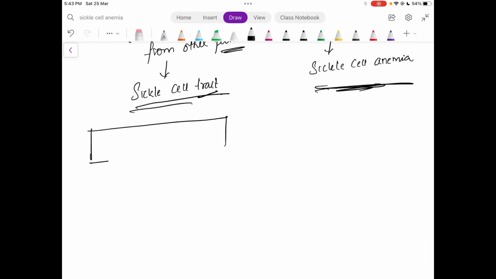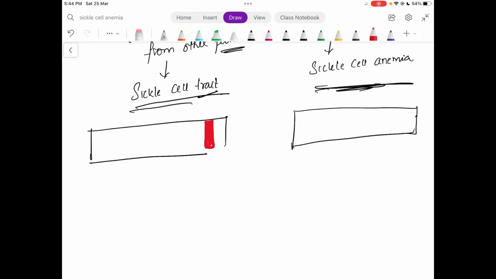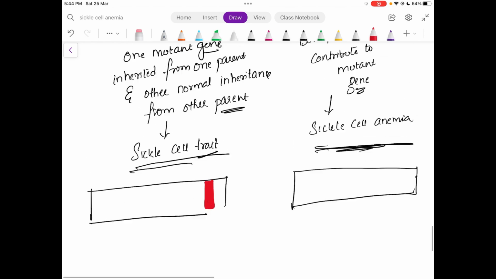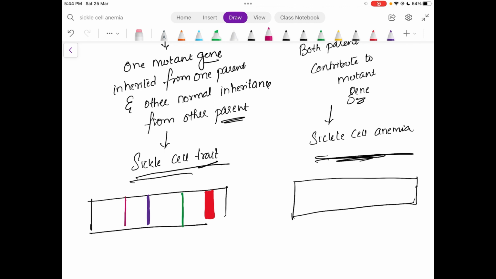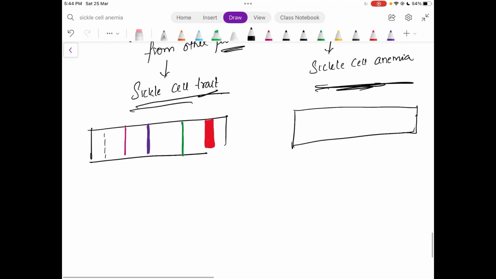For sickle cell trait, if you take Hb electrophoresis, this patient will have HbA, HbF, one more band called the HbS band, and HbA2, and this is the origin.